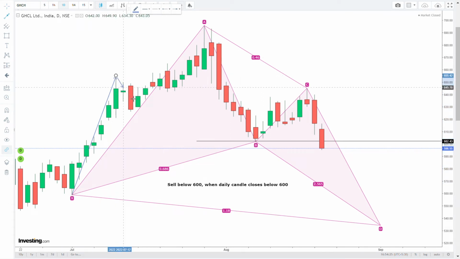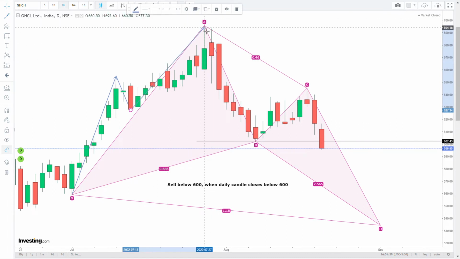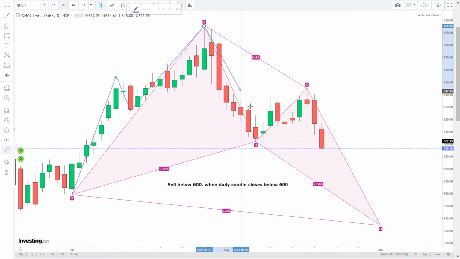Now again, we will do it here, then again from here to here. This is the major swing low, swing high. Now again a swing low, a correction phase, again an up move.